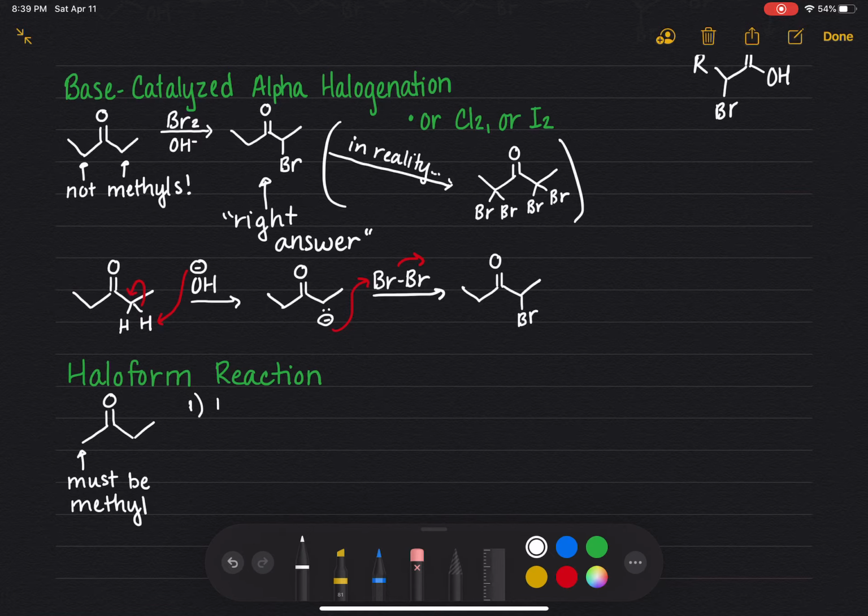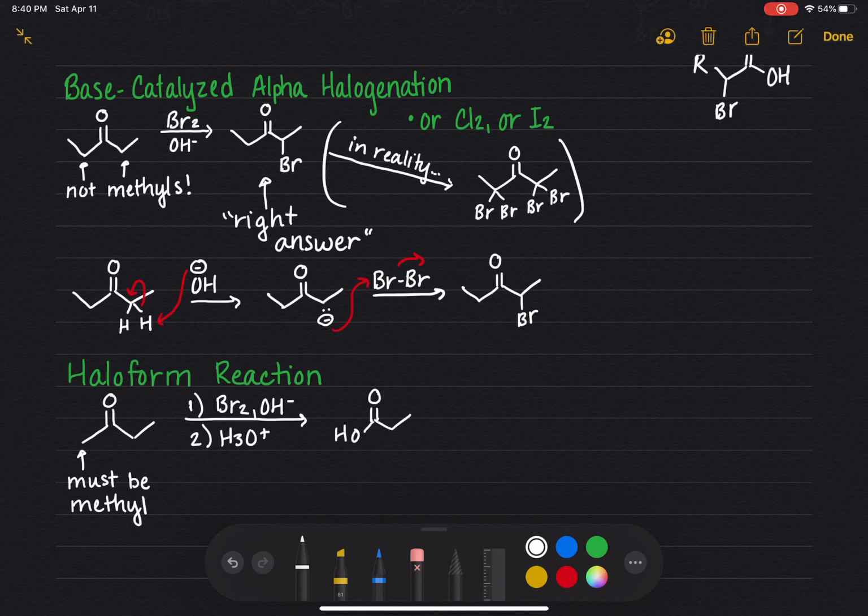It starts out the same, Br2 with OH minus, but then we're going to need a step 2 where we bring in some acid, H3O plus. And this actually converts the methyl part of the ketone to a carboxylic acid.